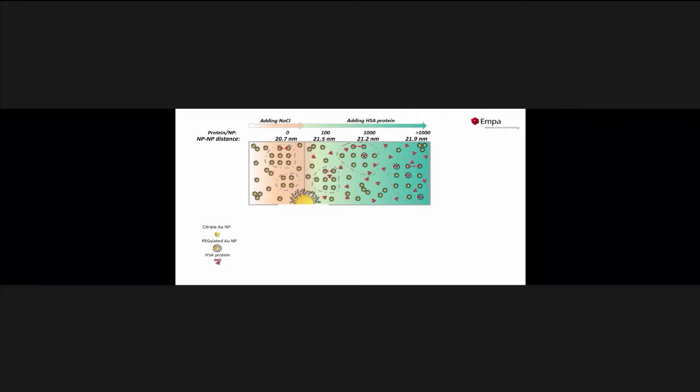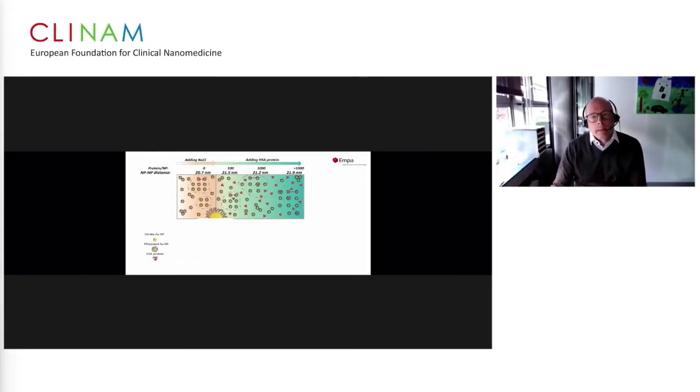We also have evidence that in the superlattice structure, this albumin, due to the fact that it has more or less the same size as our particle, might replace or be integrated in the superlattice structure, which is quite exciting to know and might also open a new view on nanoparticle stability in more complex systems.